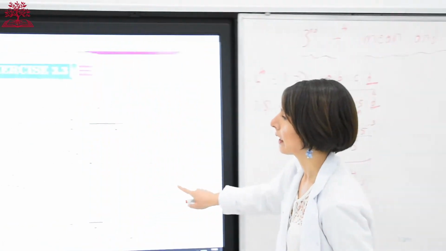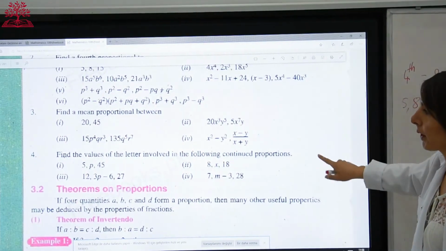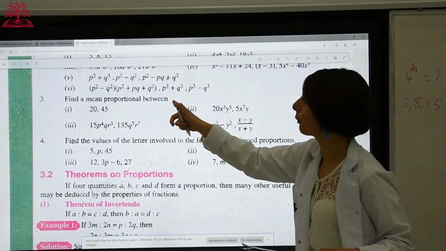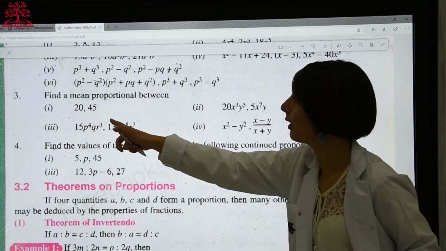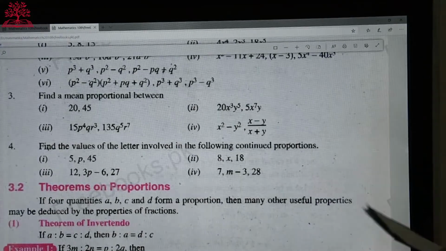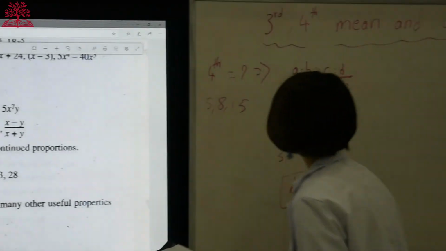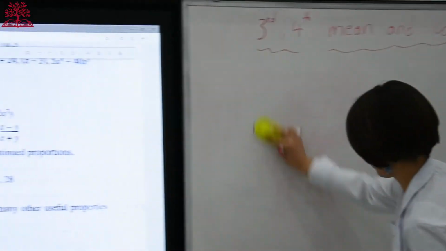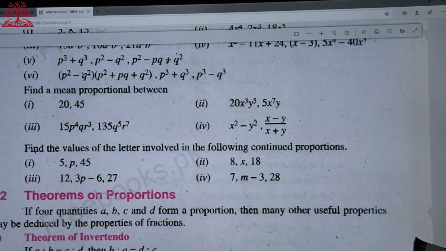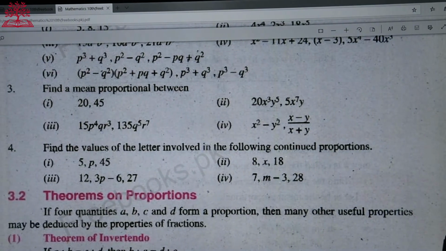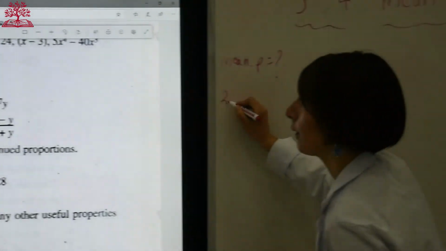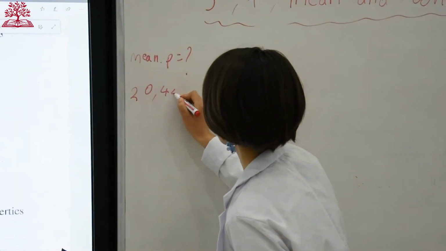One more exercise about the mean proportional. Let's see exercise number 3. Find a mean proportional between 20 and 45, for example. Let's have a look. I have to find the mean proportional, and I have 20 and 45.